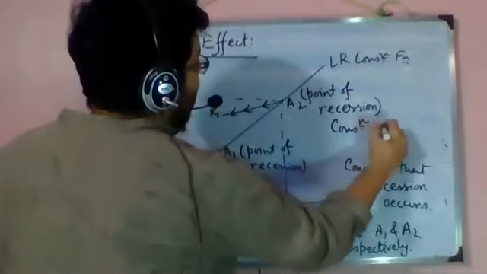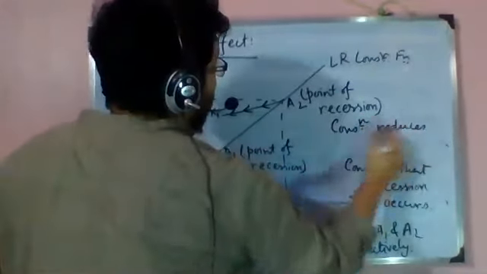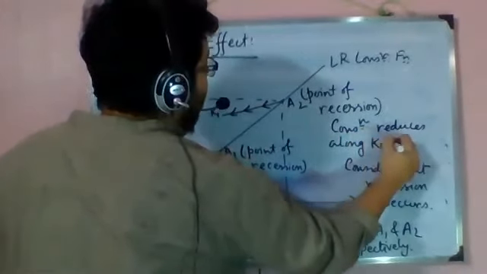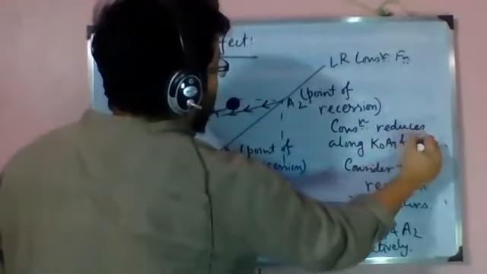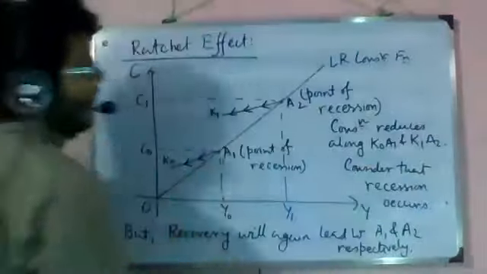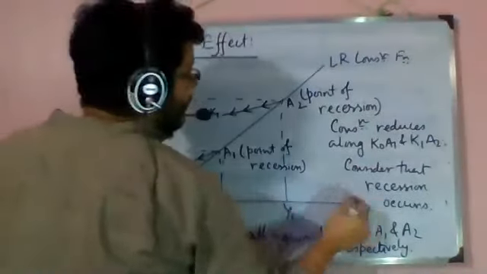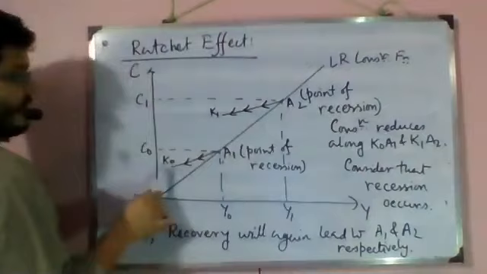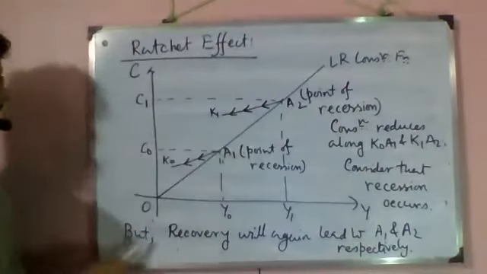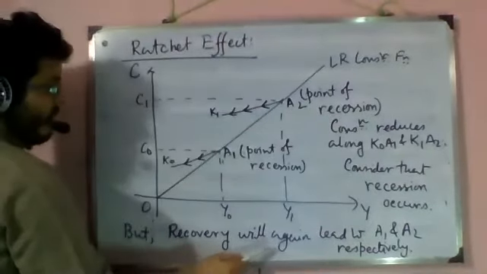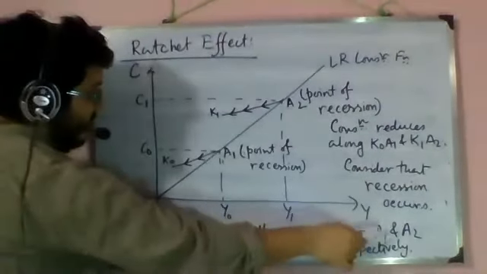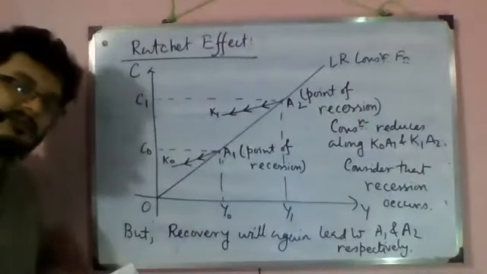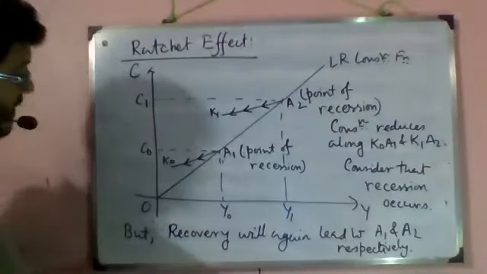Consumption reduces along K0 A1 and K1 A2. Okay. Then, so recession occurs, consumption reduces along K0 A1 or K1 A2. And then in recovery, again it reaches A1 and A2 and then again goes along the trend line of income.